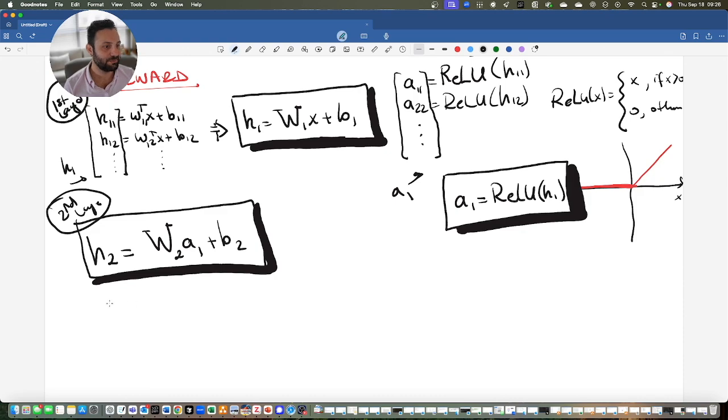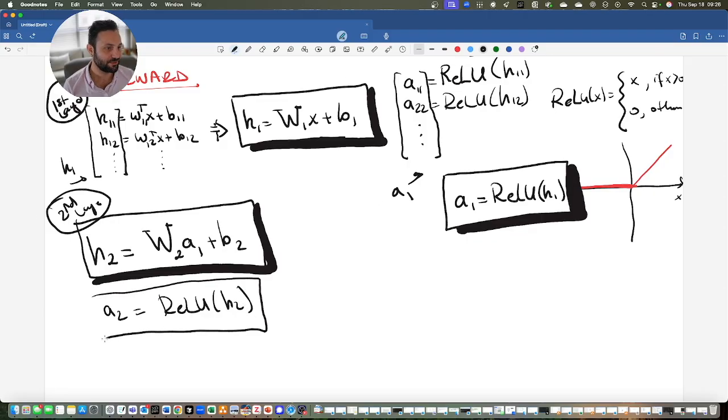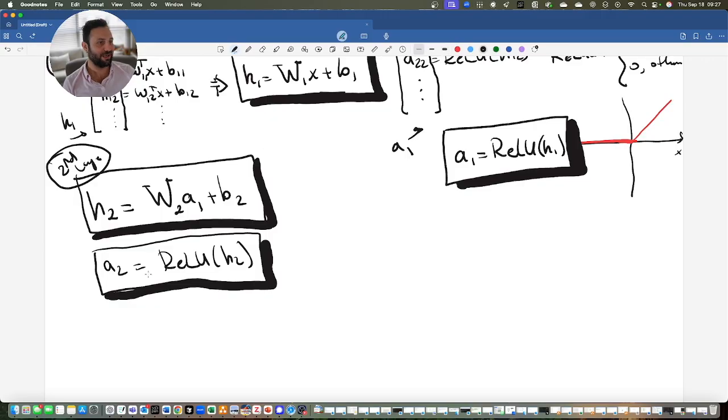Similarly, my A2 is the activation of H2, which is again going to be important. I don't want to keep searching for it, so I'm making it stick out, and I'll find it amidst all these difficult things.